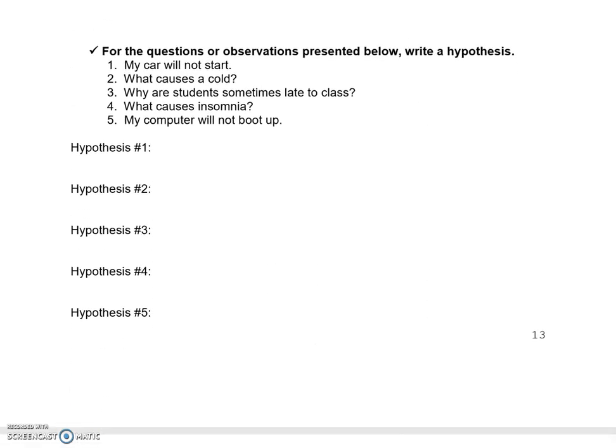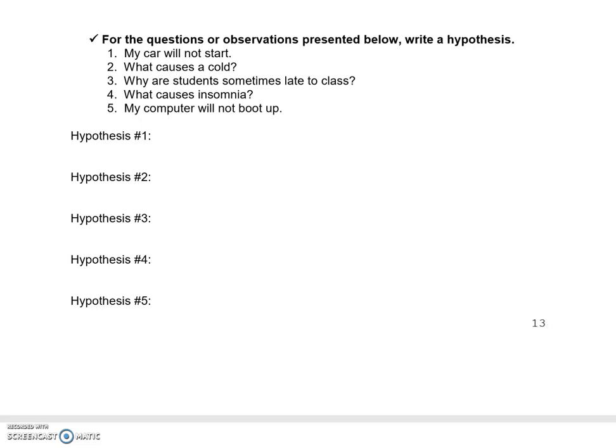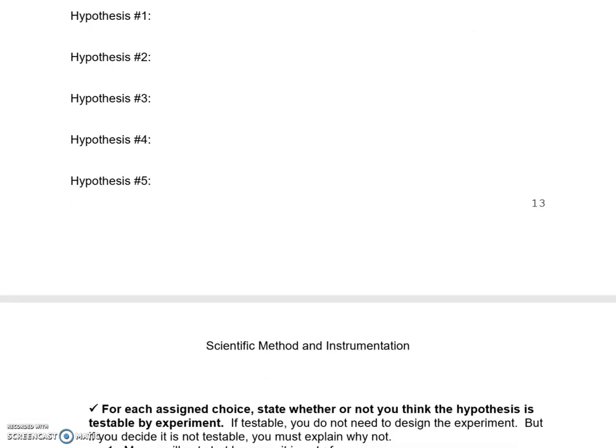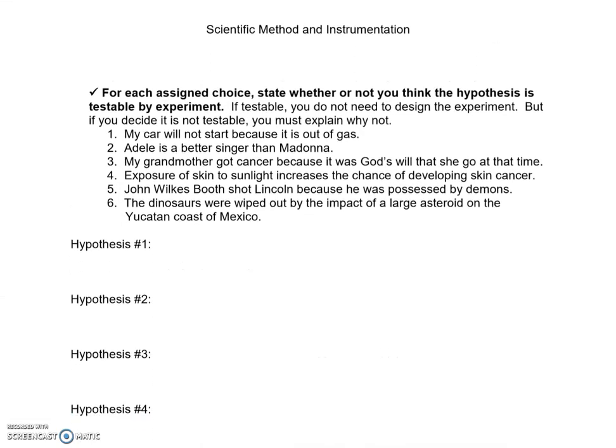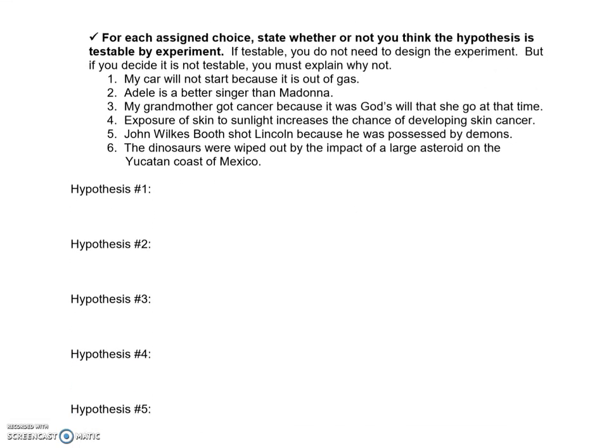And then here are some more observations given to you, and you're supposed to practice forming hypotheses. So please come up with that, and we'll talk about it at the end again. And then here you're supposed to make decisions on whether you think a hypothesis is testable or not. And remember, we are in science, and everything has to be measurable.